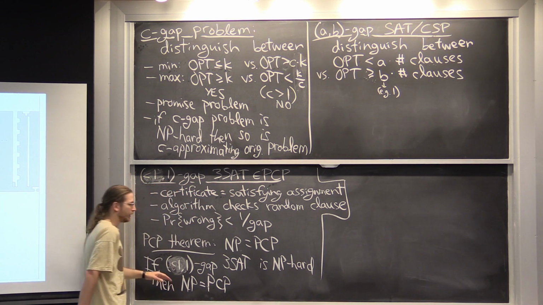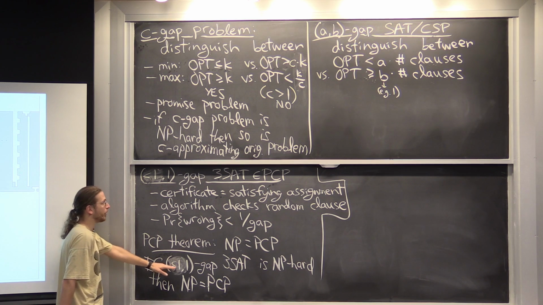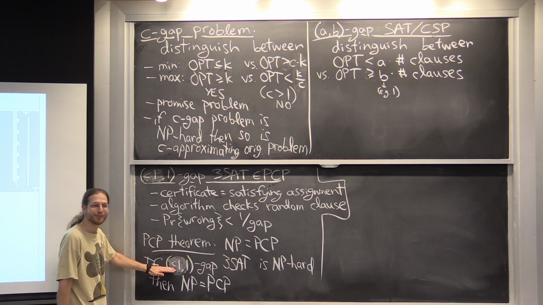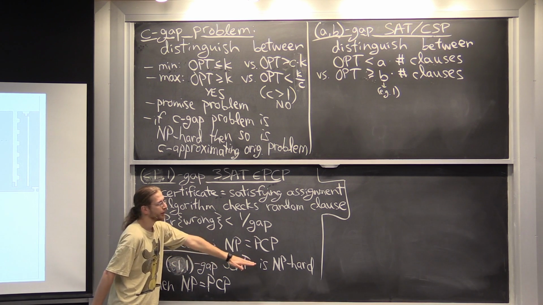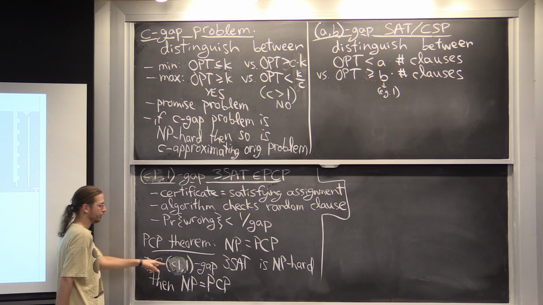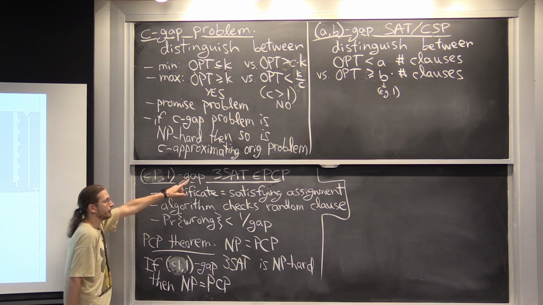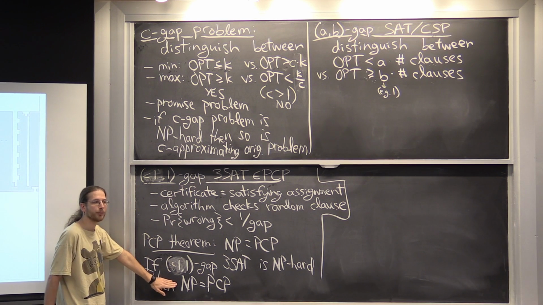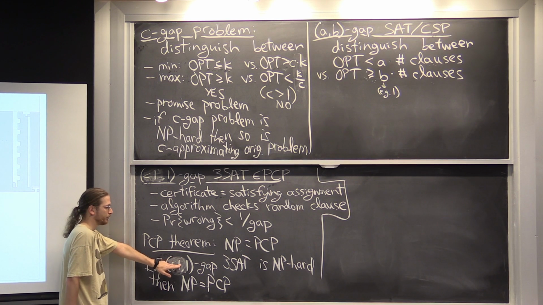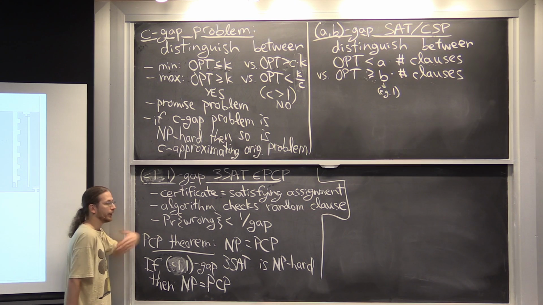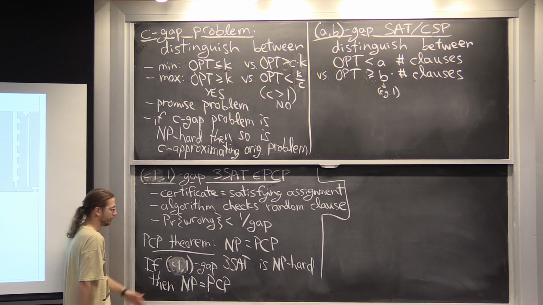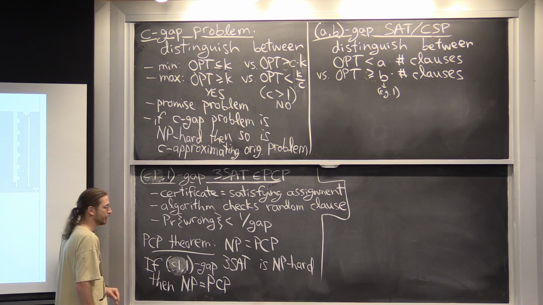And if furthermore this problem is NP hard, that's the motivation. If you believe that it's NP hard, then we know all problems in NP can reduce to this thing, and then that thing is in PCP. So that tells us that all problems in NP, you can convert them into less than 1, comma 1 gap 3SAT, and then get a PCP algorithm for them. So that would be one way to prove the PCP theorem.